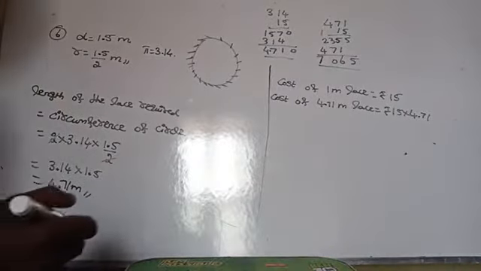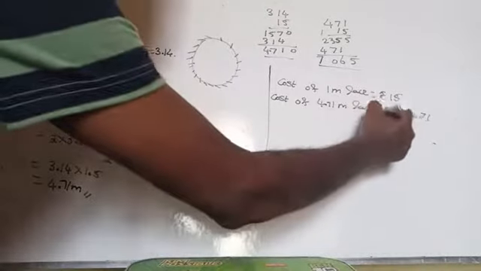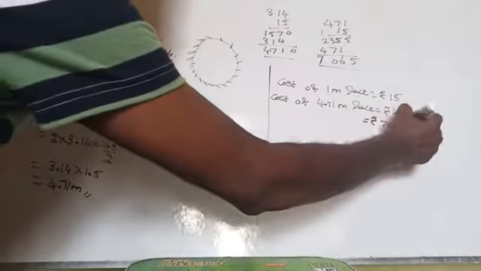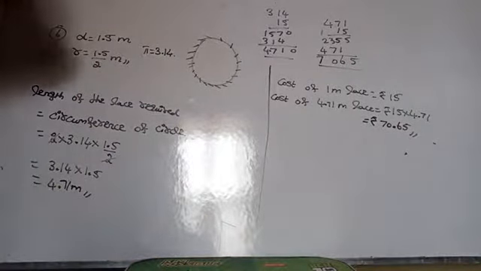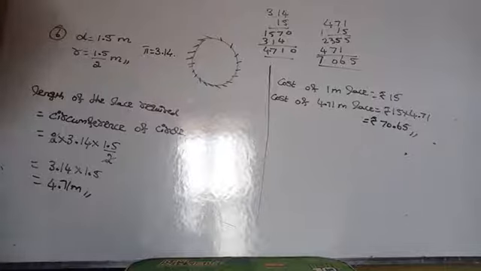Am I right? So you have to correct to 2 decimal places, then it will be rupees 70.65. Are you getting dear? Yes. Which is the cost of 4.71 meter lace.